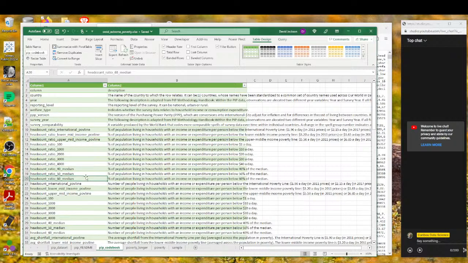I hate to say it, but there really is a lot of really good data here. Okay. Let's close that for the moment and close this.